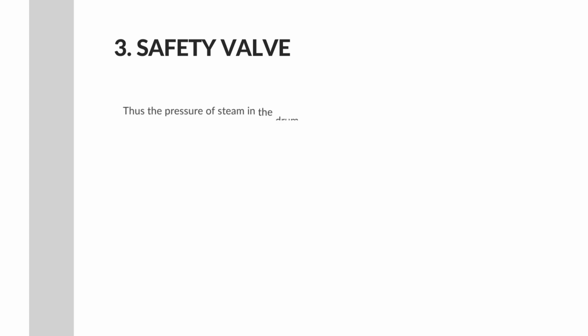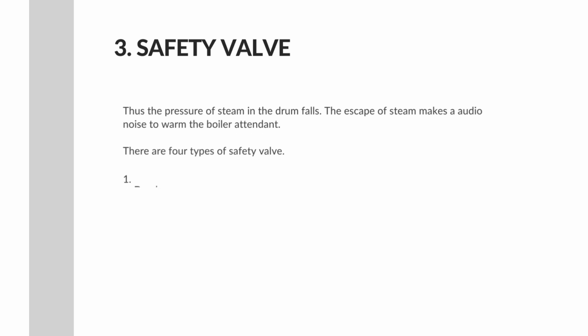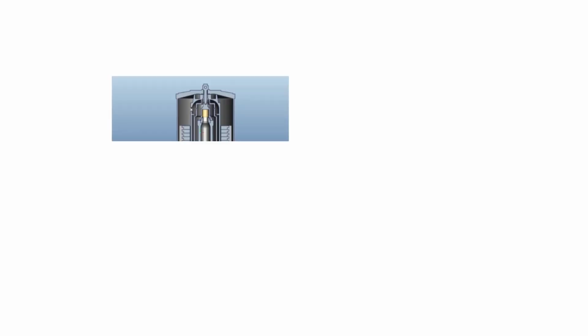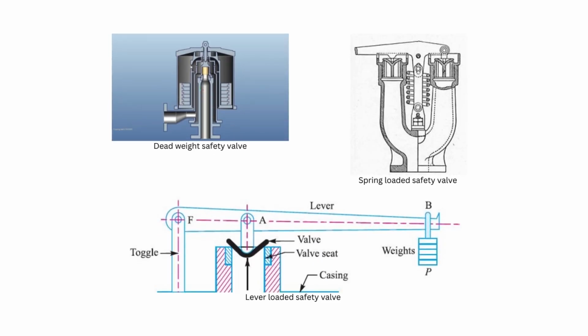Thus, the pressure of steam in the drum falls. The escape of steam makes an audible noise to warn the boiler attendant. There are four types of safety valve: dead weight safety valve, spring loaded safety valve, lever loaded safety valve, and the fourth one is the high steam and low water safety valve.